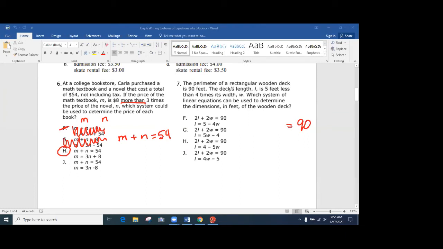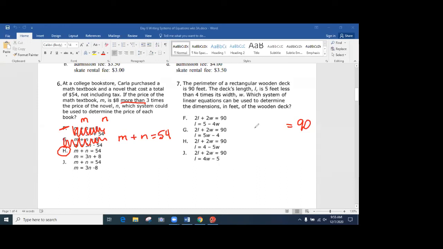I don't see another one. L is 5 feet less than 4 times the width. I don't see another one. Oh, look at your answers. Your answers are going to give you the first equation. Look at this. All your things that say equals 90, what do they all say? They all say 2L plus 2W.